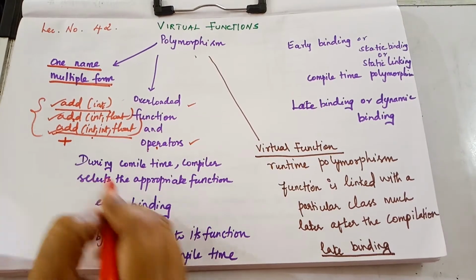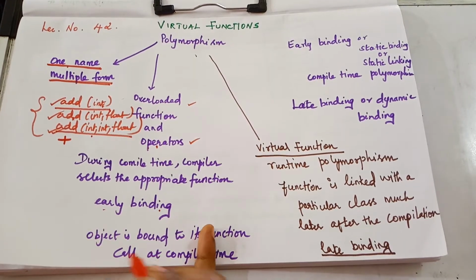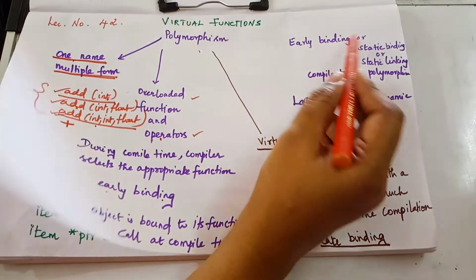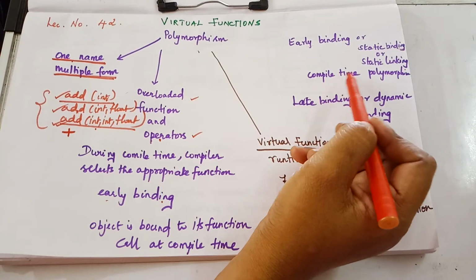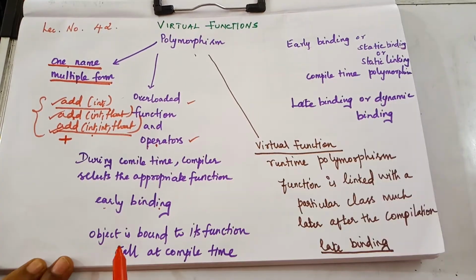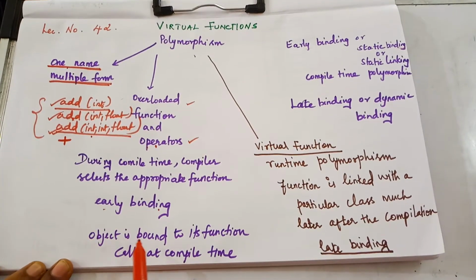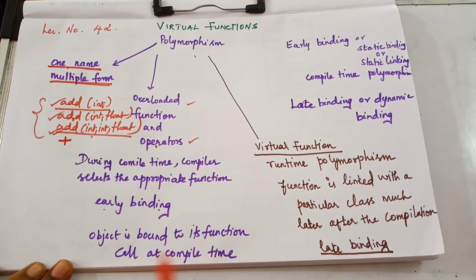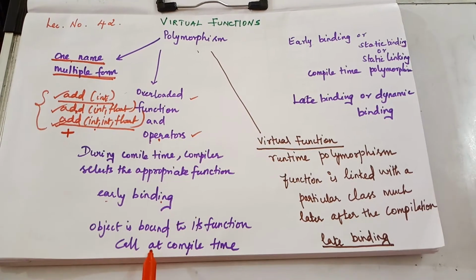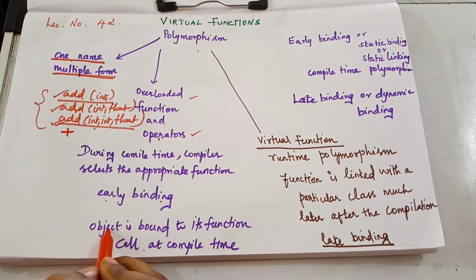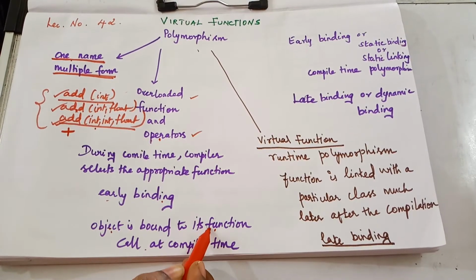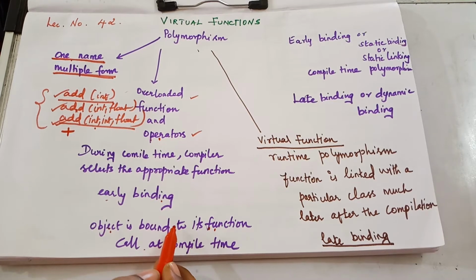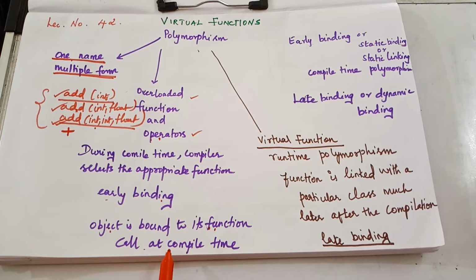That is called early binding or static binding or static linking. This is called compile time polymorphism. The object is bound to its function during the call at compile time. For the object, we are calling the function, so it identifies the correct function and invokes everything.